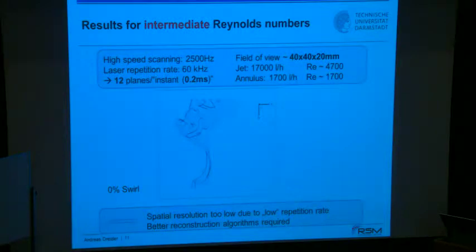One sweep now takes 0.2 milliseconds, which is of course not bad, but for high Reynolds numbers still not sufficient. But you now lose the out-of-plane resolution, because you now have 60 kilohertz, the previous one was 30, and that means we end up with only 12 planes instead of 60 as before.